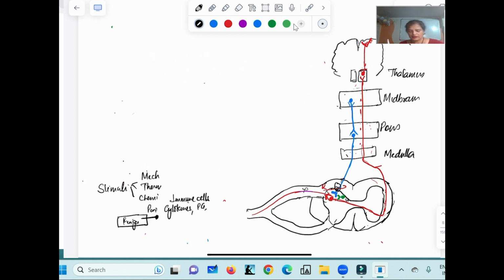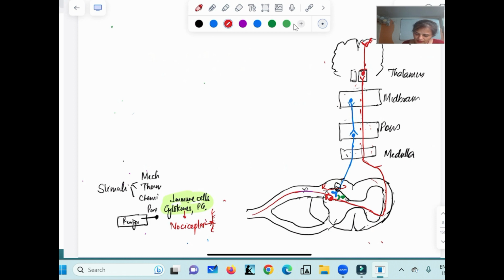Now here, all these, they are going to stimulate what? They are going to stimulate the nociceptors. ठीक है, ये क्या करेंगे? Nociceptors को stimulate कर देंगे. Suppose this one is a nociceptor. Now this get stimulated. Now what will happen?